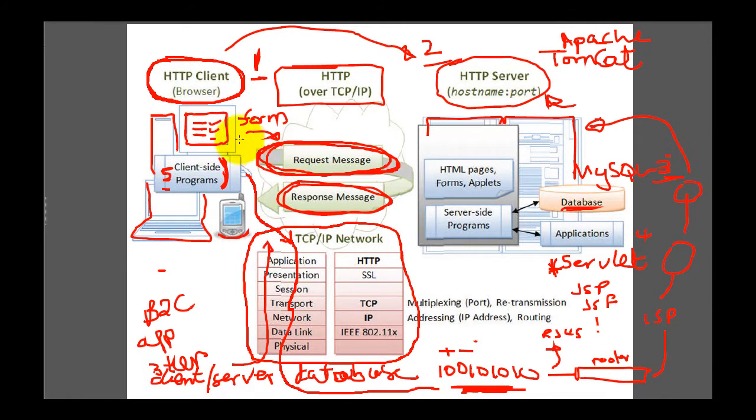So when a request message is sent onto this 7-layer model, it's made of several of these packets, and when they reach their destination and go up again through the 7-layer model, they are reassembled, and the final message is passed to the application layer and to the HTTP server on arrival.